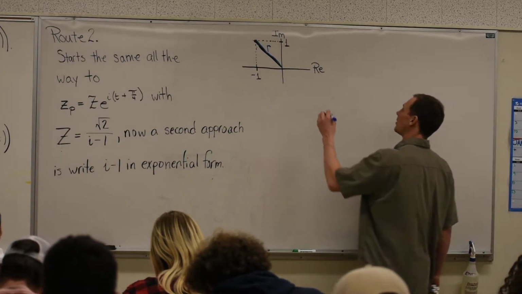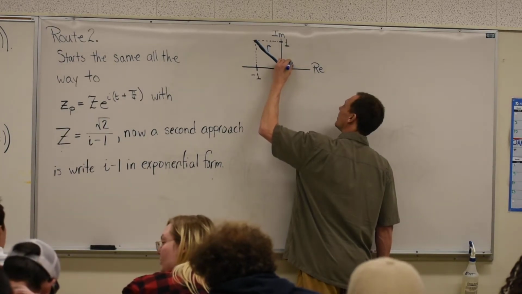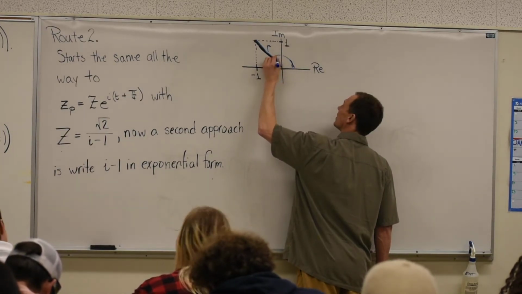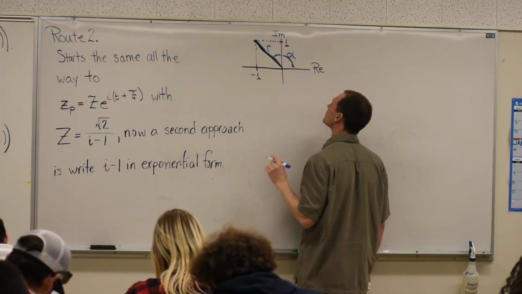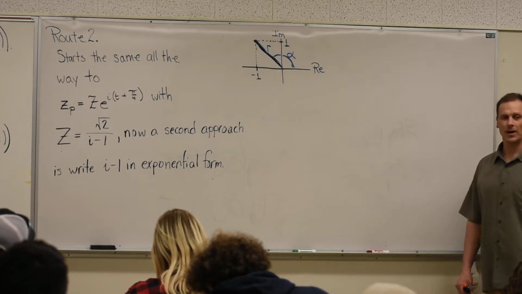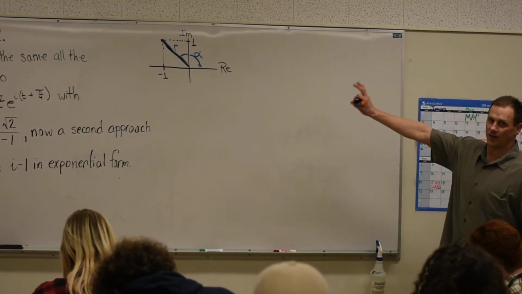And we're going to introduce another angle right here. This angle, we'll call alpha. Use theta again? Whatever you do, don't use theta twice. If you use theta over there, don't use it again here. Pick another symbol.